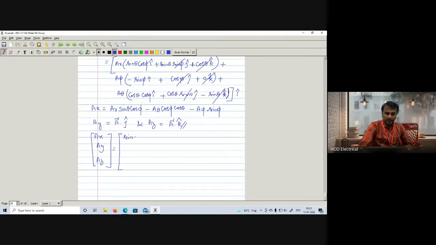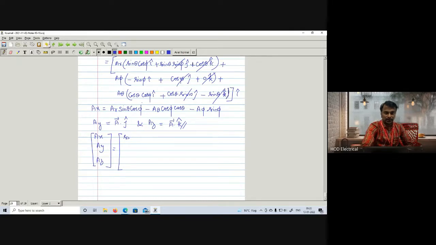sin theta cos phi, cos theta cos phi, minus sin phi. Then we can write this equation finally.